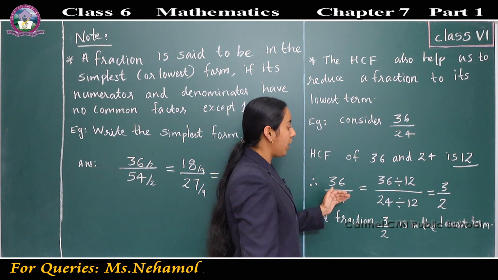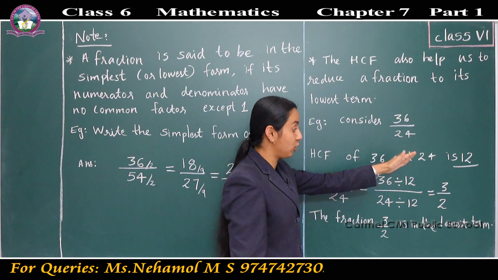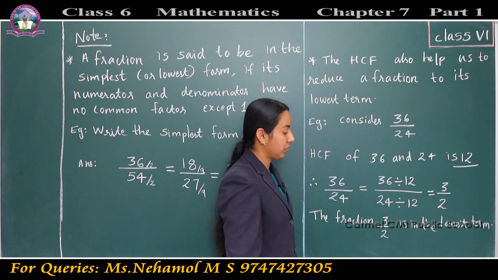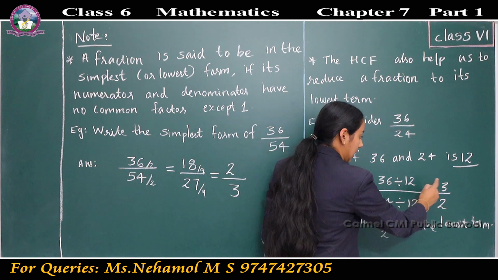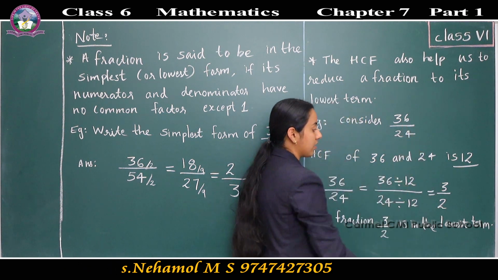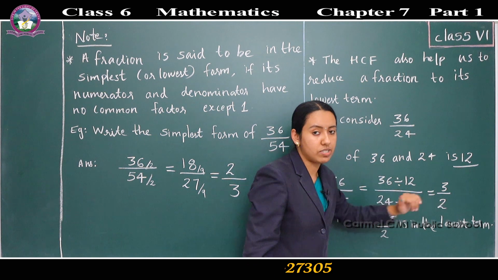So, if you divide both numerator and denominator by the HCF, that means with 12, you will get the simplest form. 36 by 12 is 3. 24 by 12 is 2. 3 by 2 is the simplest form. The fraction 3 by 2 is in the lowest term.